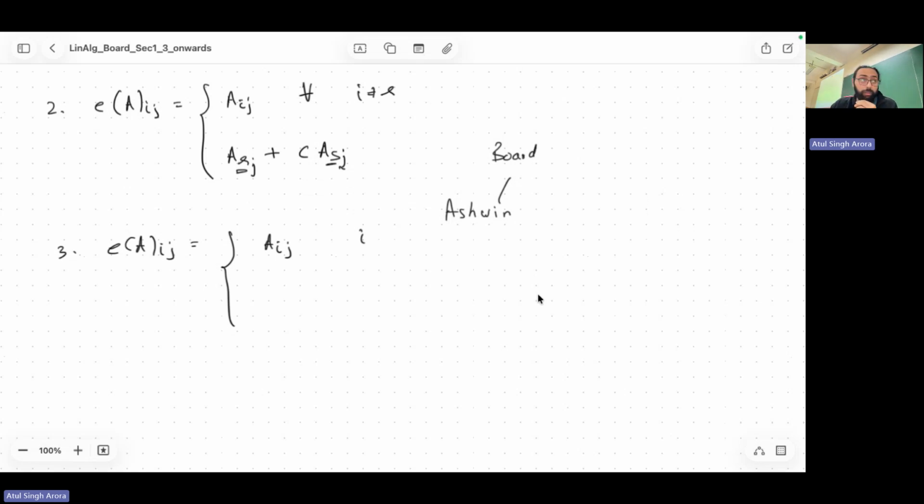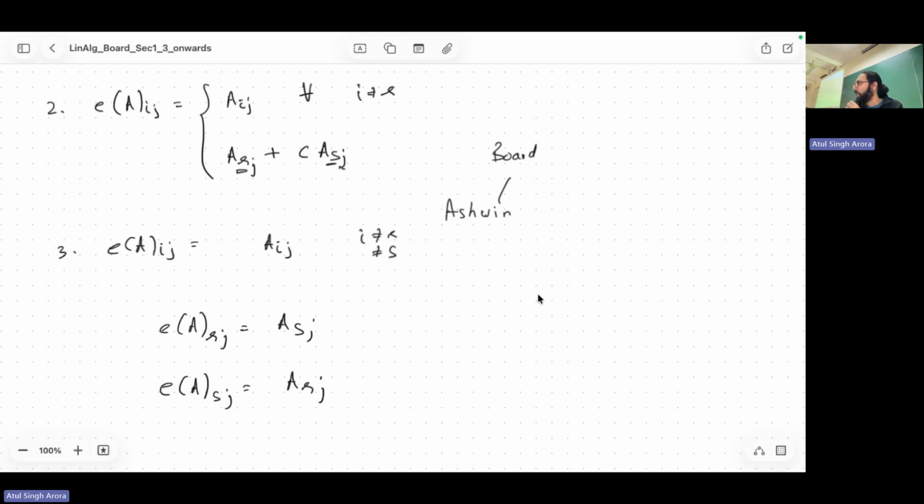Okay. Great. So A_ij, so when i is neither equal to r nor equal to s, and yeah, okay, so this one I have to define more carefully. So E of A_rj is going to be A_sj, and E of A_sj has to be the same as A_rj.